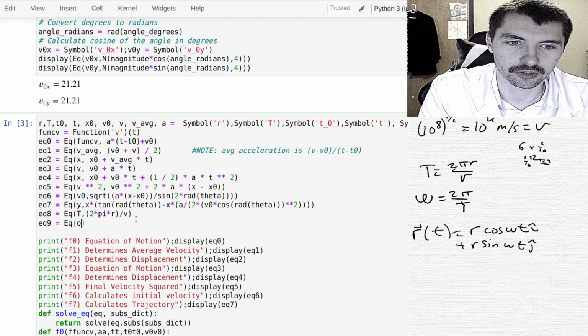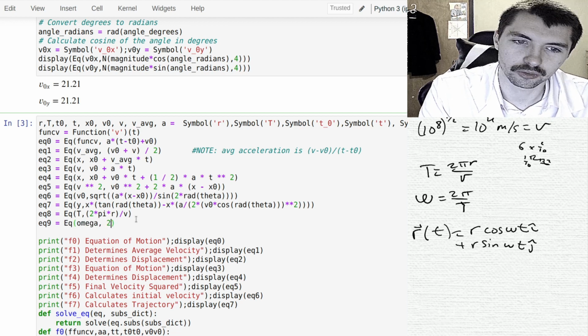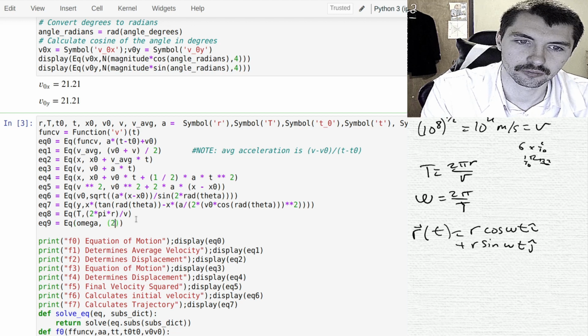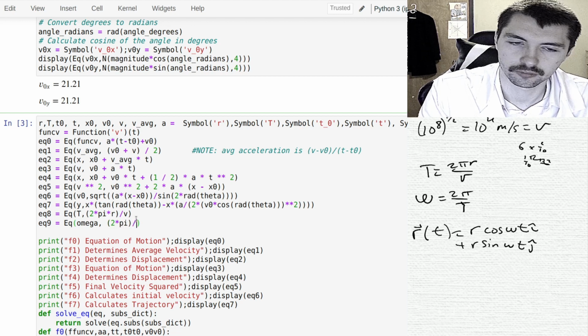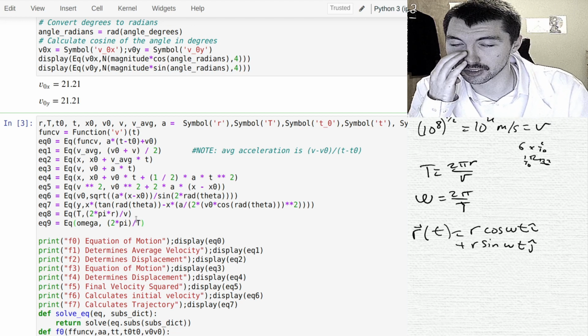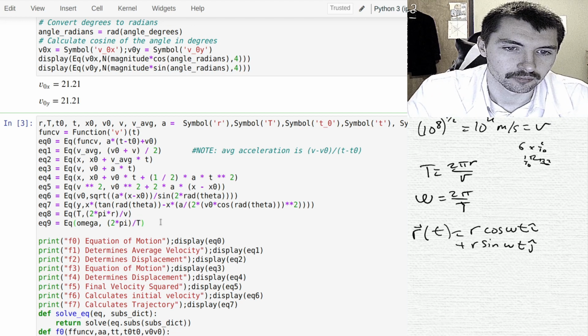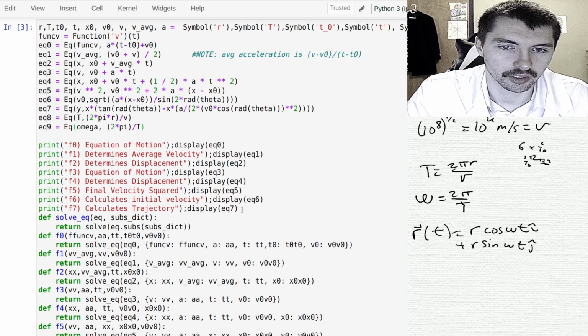So next equation is omega is 2 times pi over T.